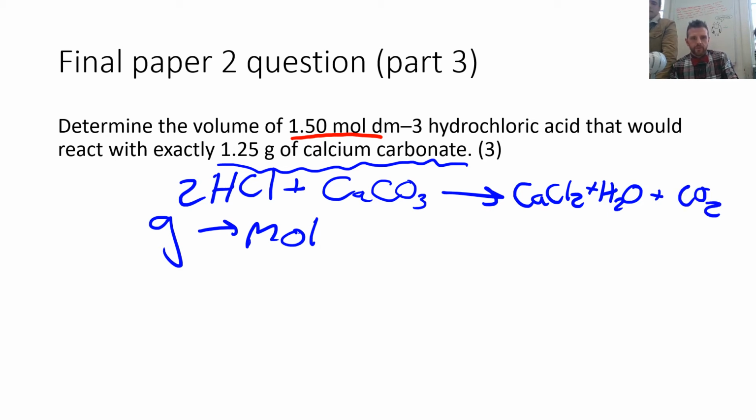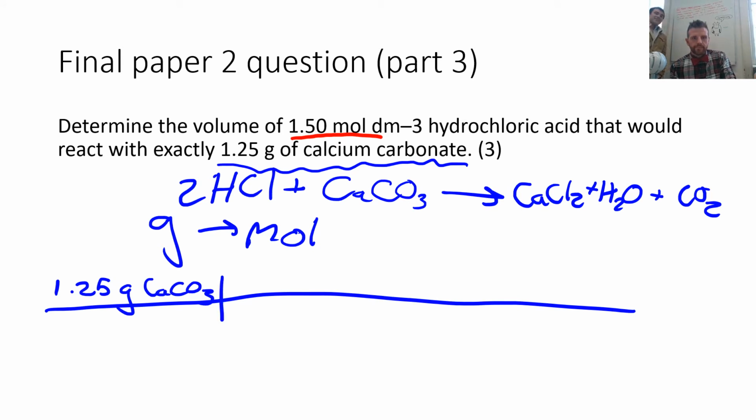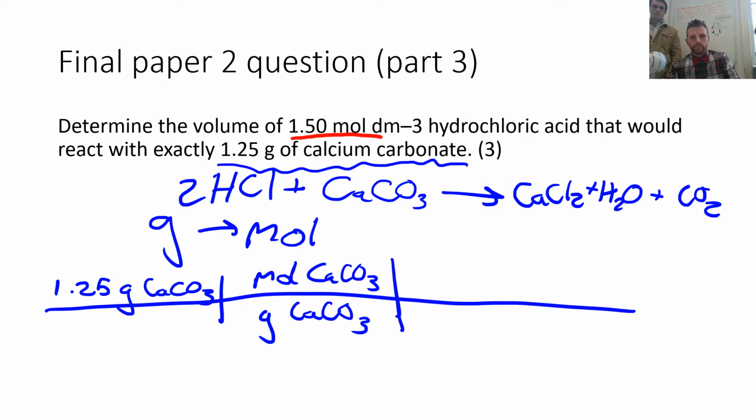So we've got to do grams to moles: 1.25 grams CaCO3, with grams CaCO3 on the bottom, and we're going to switch this to moles CaCO3. Using the periodic table, we end up getting 100.09. Remember, you just do calcium plus carbon plus oxygen, oxygen, oxygen.